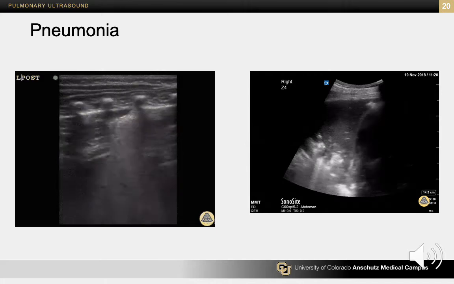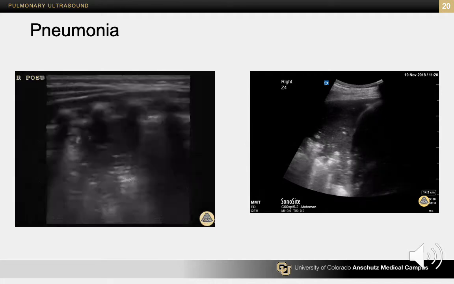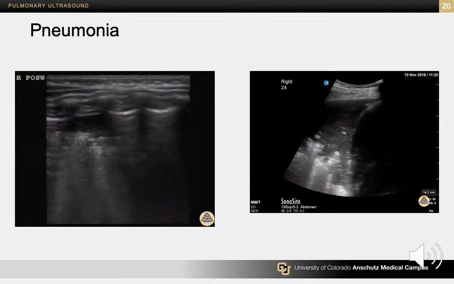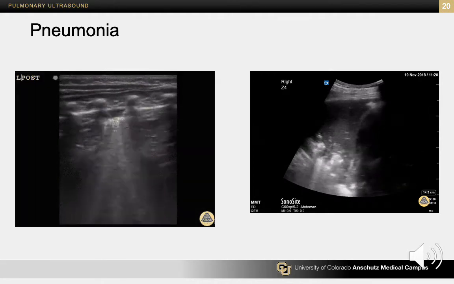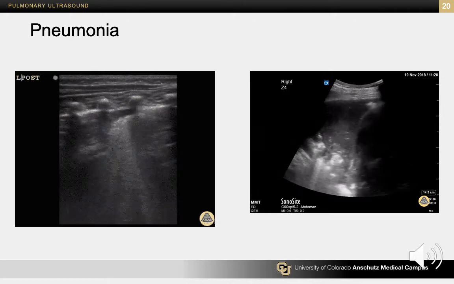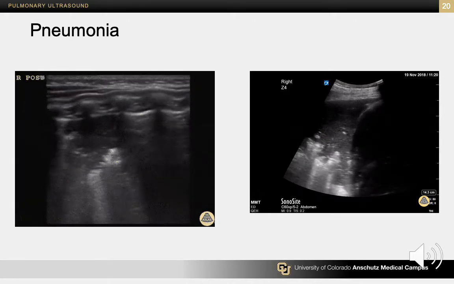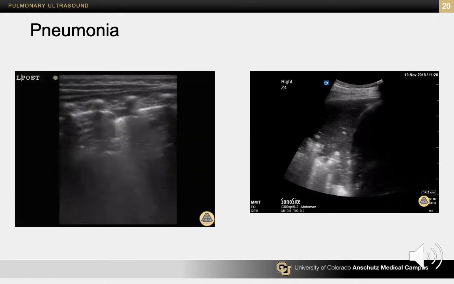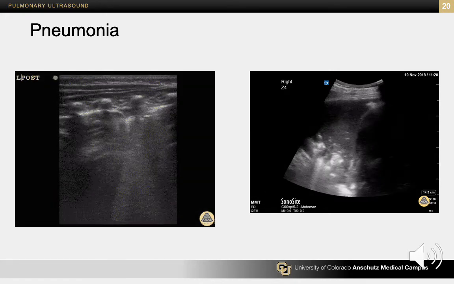This sort of visceral parietal defect in the pleura is indicative of a focal finding for pneumonia.